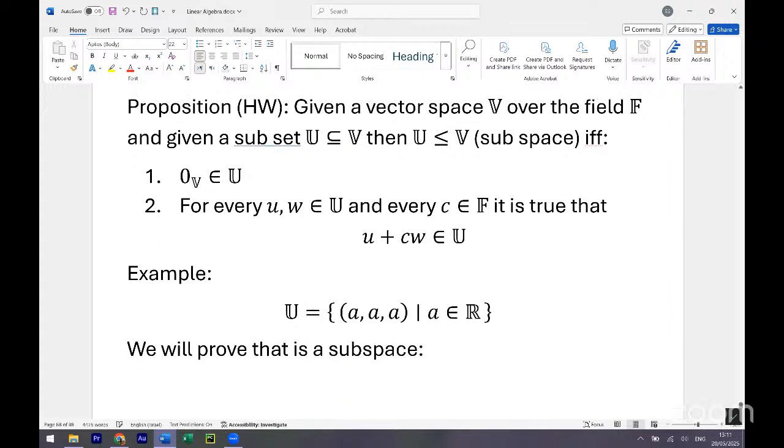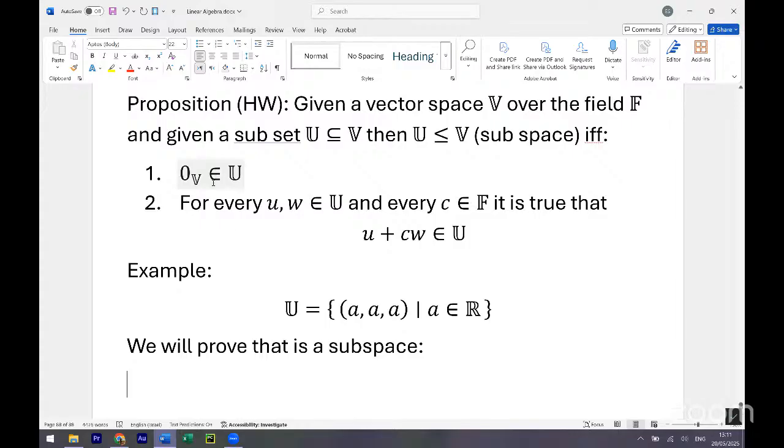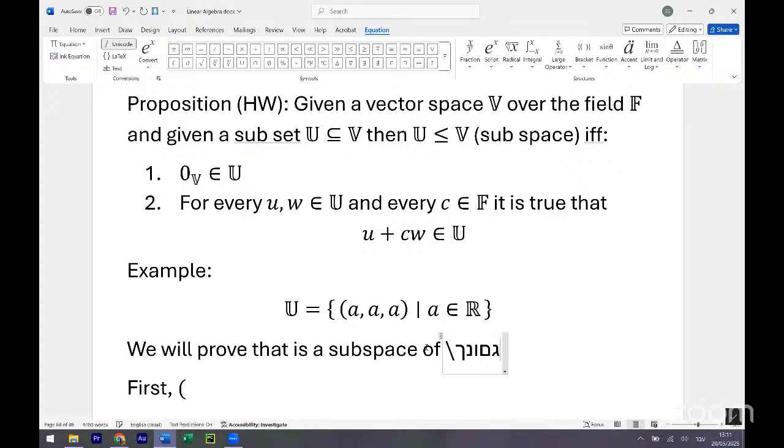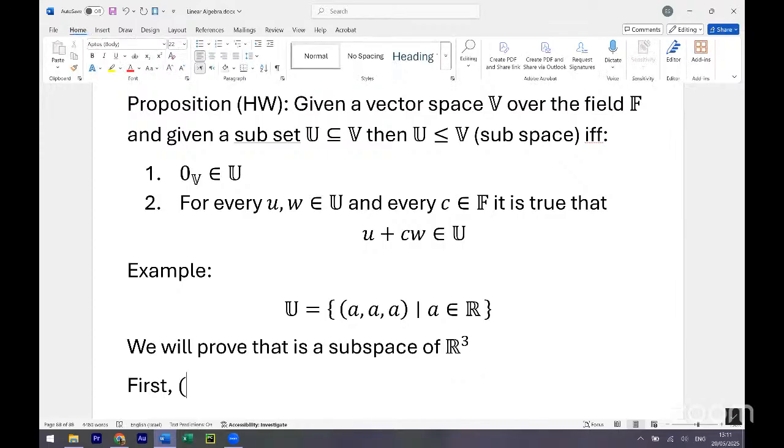How? Using the proposition. First of all, subspace of what? Of R cubed, right? All the triplets. First, and I'll make sure to write it, it's obviously a subset. Do you worry about that? These are some of the triplets.